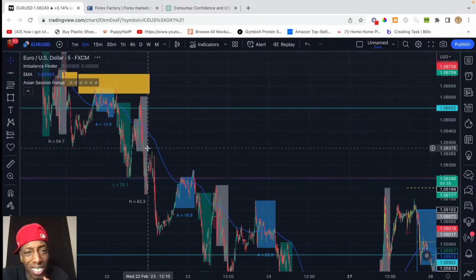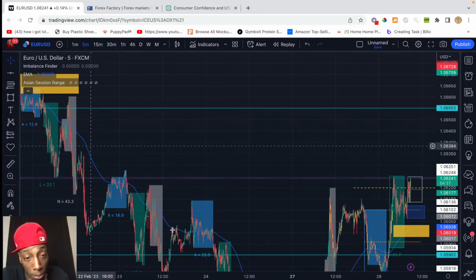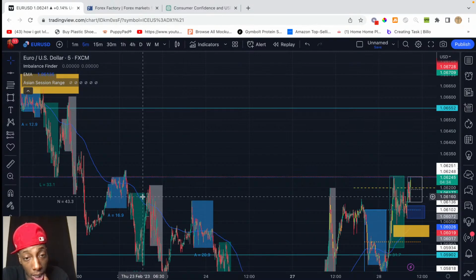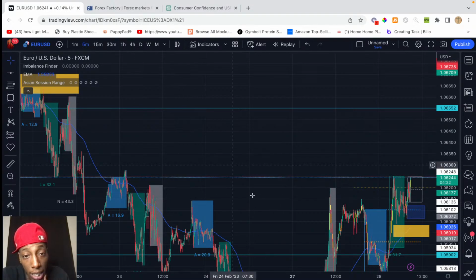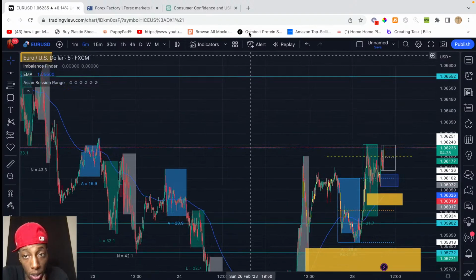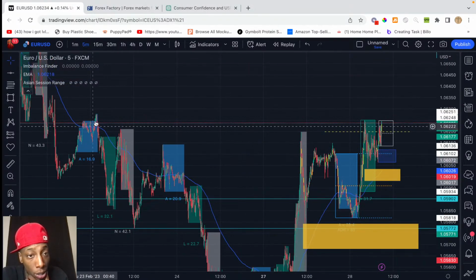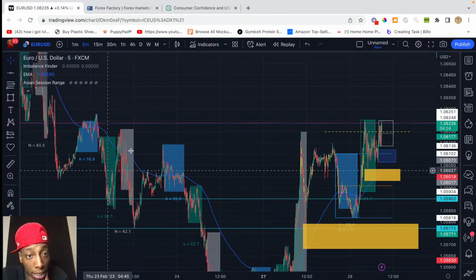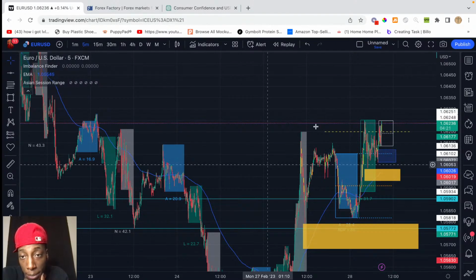But right now, it's been in a downtrend for a minute. So this is a major area right here that they can continue downwards, like how it continued down from here. Major area, major area, major area.